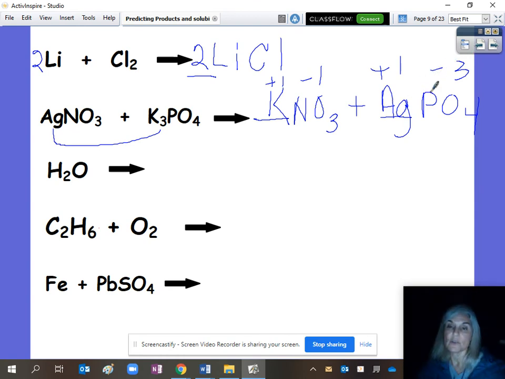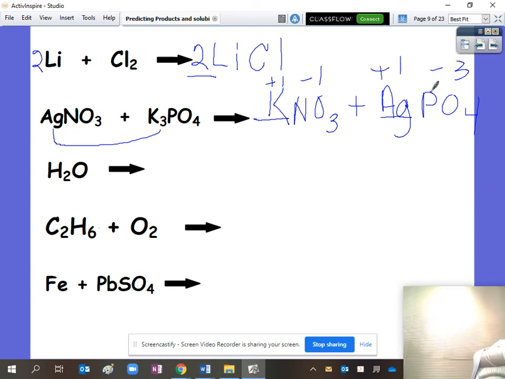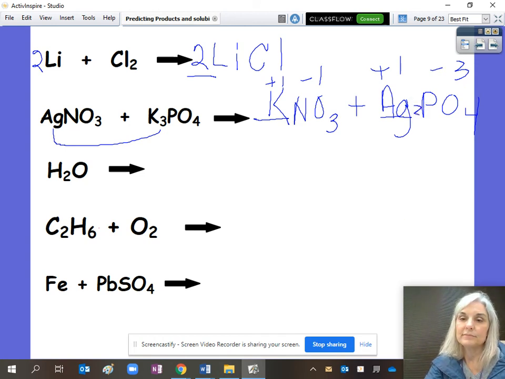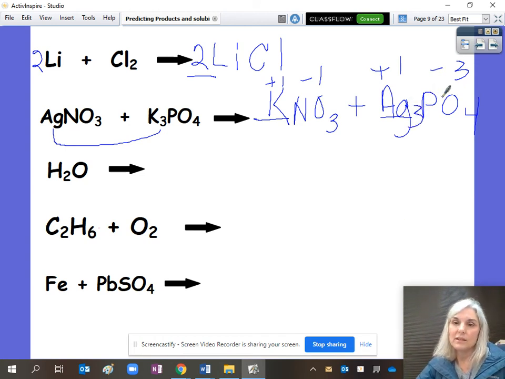So that is not the correct formula. Hang on. All right. So now we just swap and drop. So we're going to put the 3 there. And then we have a balanced formula now. So that would be your formula, Ag3PO4.